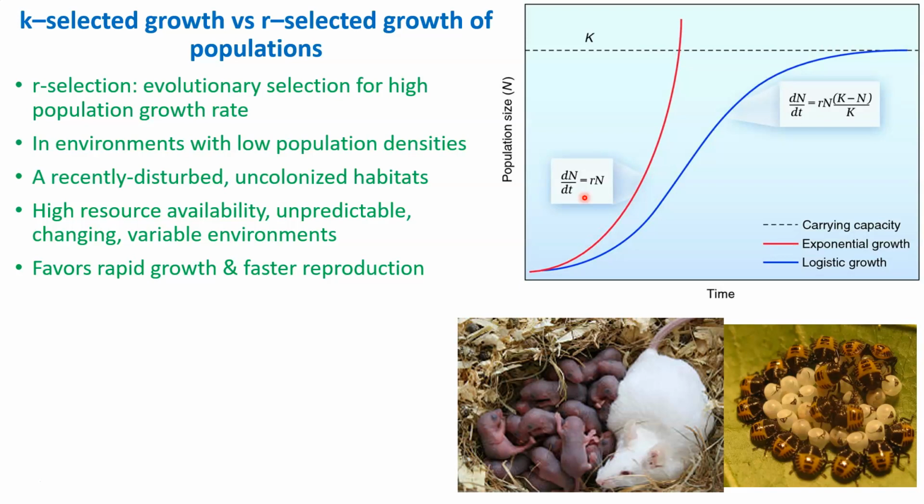Organisms in highly variable environments have to adapt in such a way as to capitalize on favorability during a shorter period of time. So, in unpredictable environments where resource availability can change unpredictably, where environmental favorability can appear and disappear quickly, right?